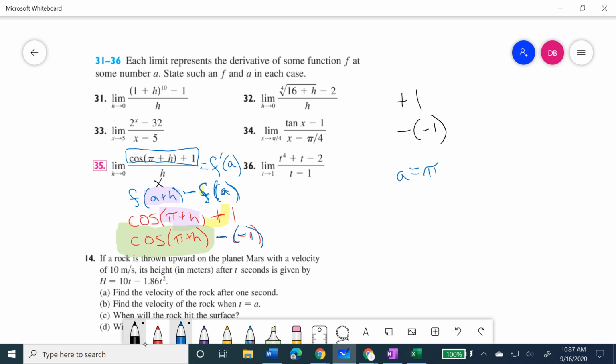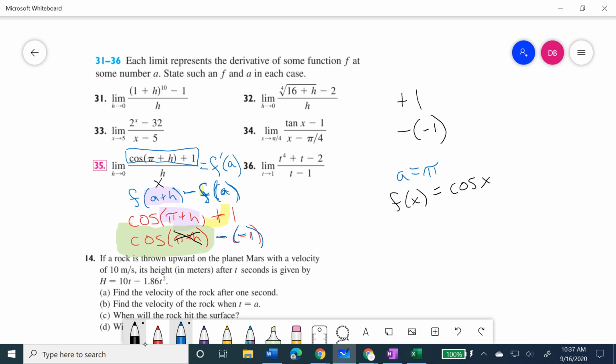If you replace what you believe to be a plus h with an x, there's your function. So it looks like f of x is cosine x.